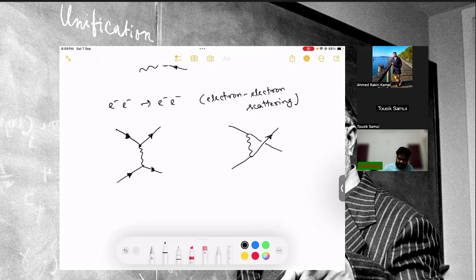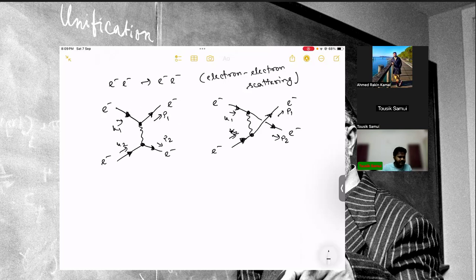So these are the vertices, and then these are the incoming electrons, e minus, e minus, with momenta k1, k2, and the outgoing states are p1 and p2. The only thing that will be different in this case is the computation, which is very messy.